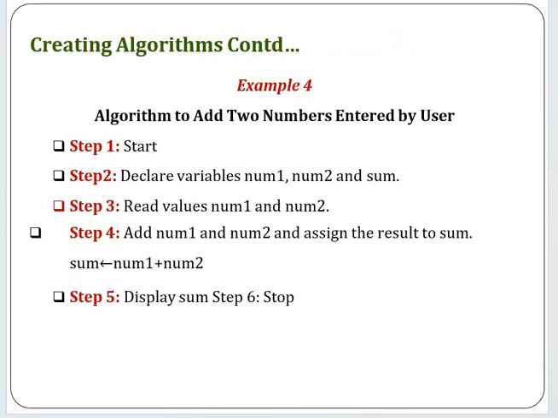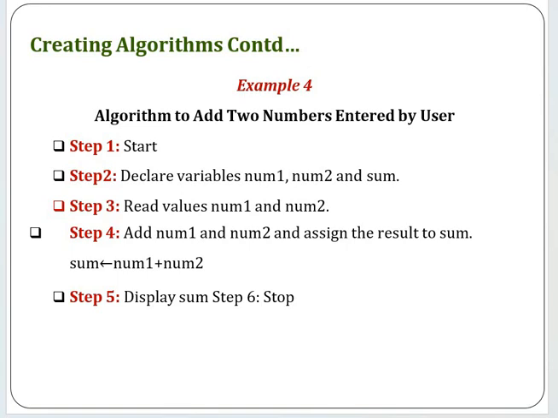And then the other example 4 is an algorithm to add two numbers entered by the user. First you begin the process. Create variables named number 1, number 2, and sum to store the input numbers and the result. Input two numbers from the user, that is we will be giving the numbers, and store them in number 1 and number 2.